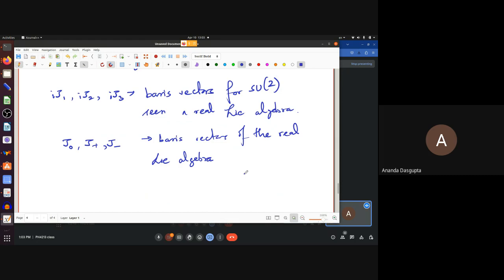Do they generate the same real Lie algebra? These generate SU2. What about these? What do they generate? Quickly. Same thing? We'll just change the basis, right?